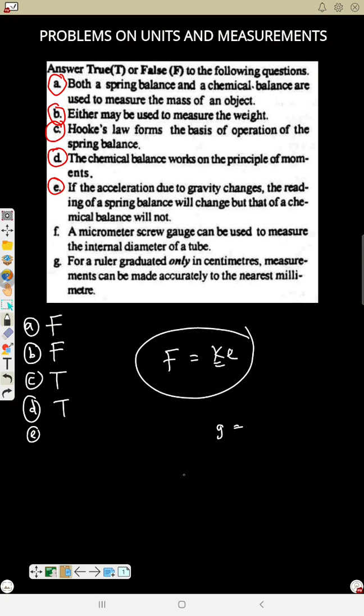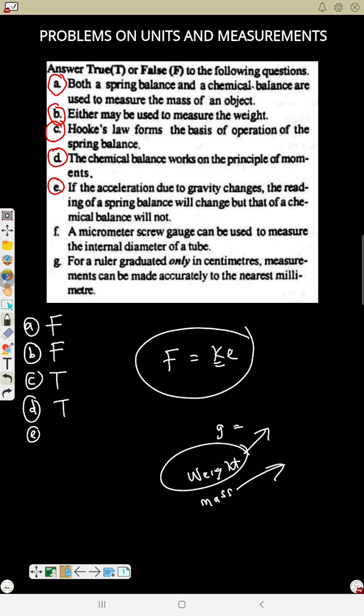We already said that we use spring balance to measure weight, and we use chemical balance to measure mass. And part of the points stated in weight, we said weights can change from place to place, but mass remains the same in the universe.